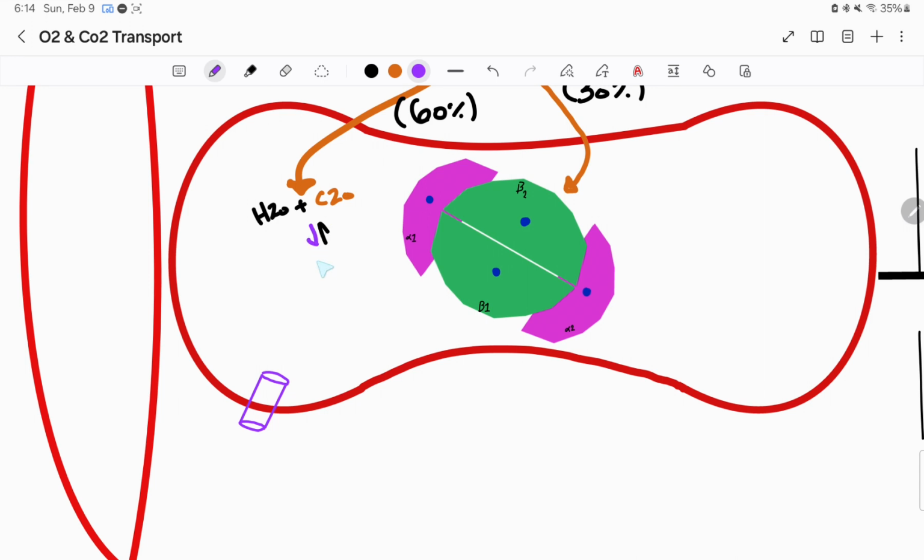So through this reaction, we'll form H2CO3, okay? And then we'll keep going, and we'll form something called bicarbonate and a proton ion, okay?